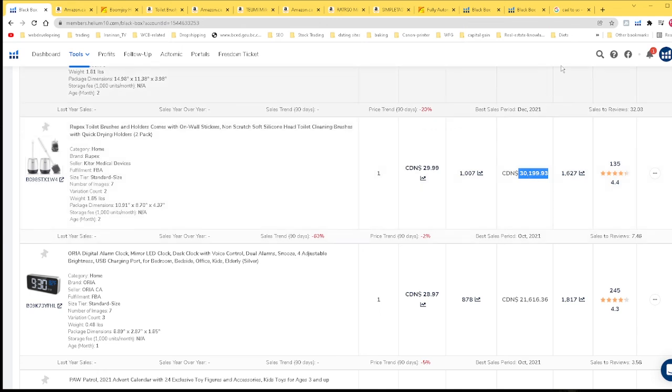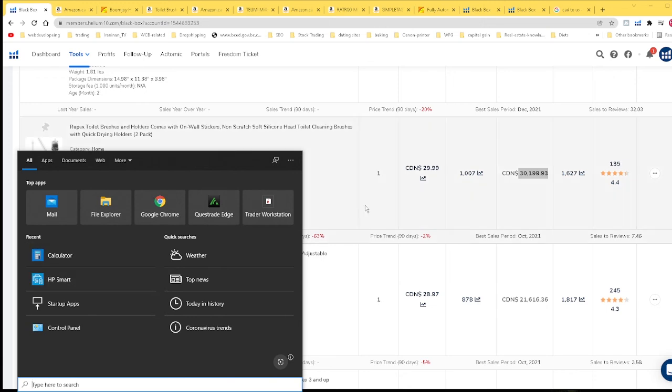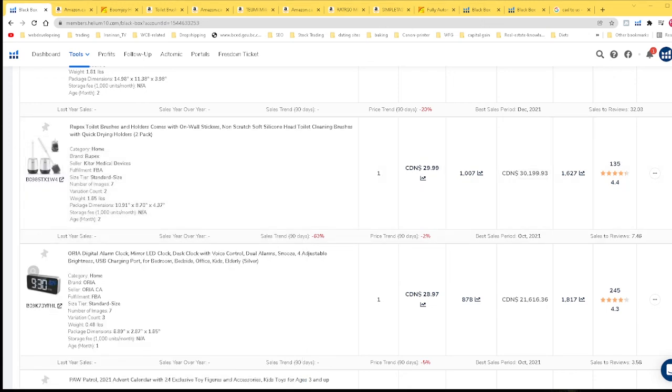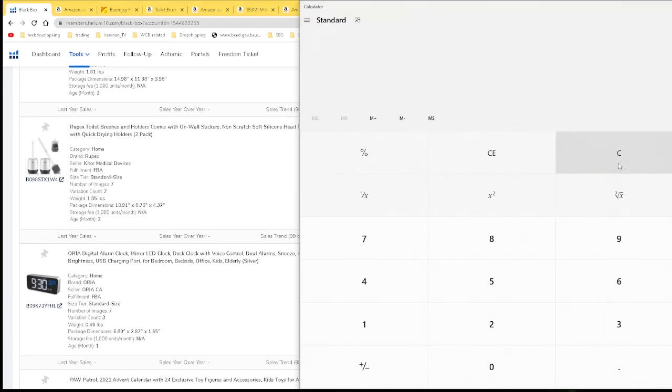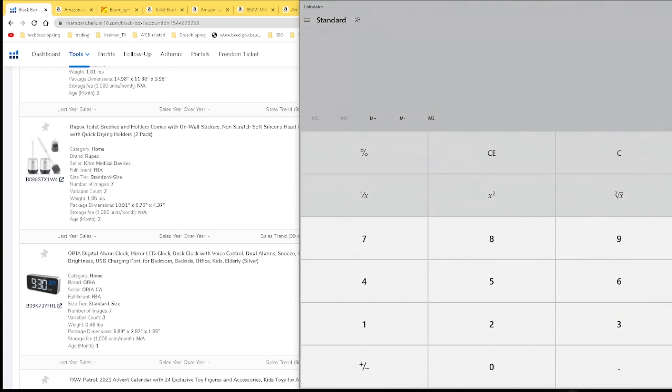Assuming $30,000 in revenue, as we calculated before, times, let's say 25%, you are making $7,500 per month in profit, assuming we spend 5% on advertising and other costs. So it seems like this is a good product.